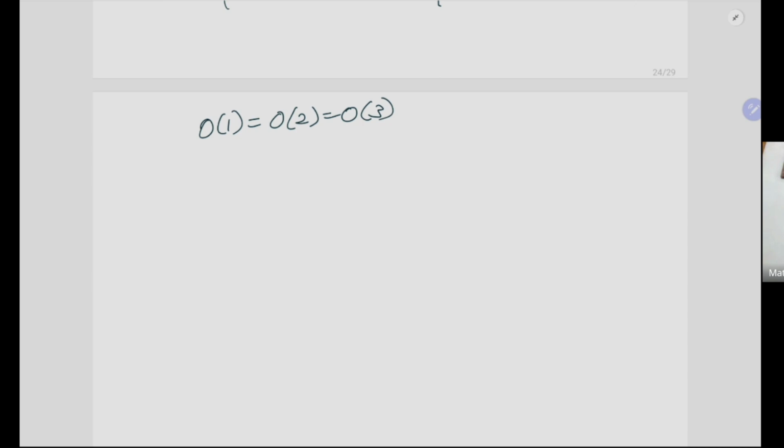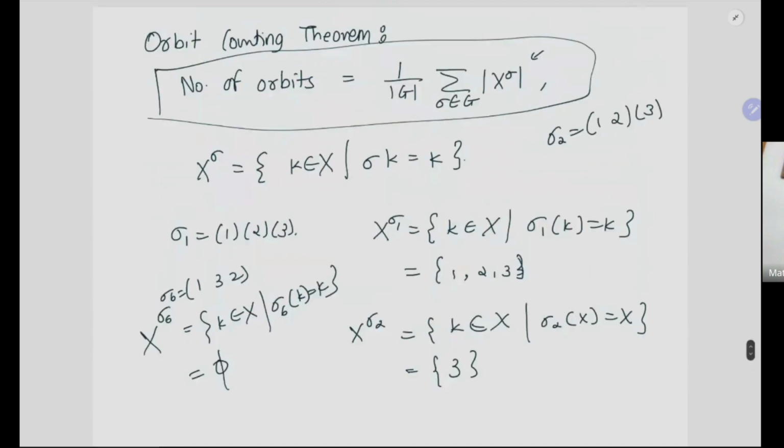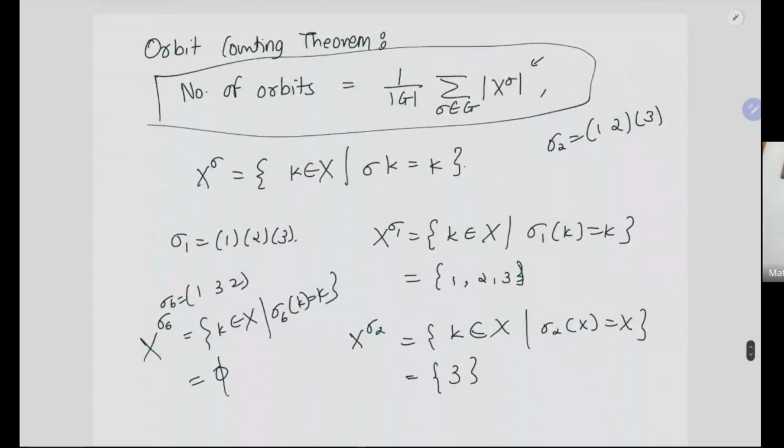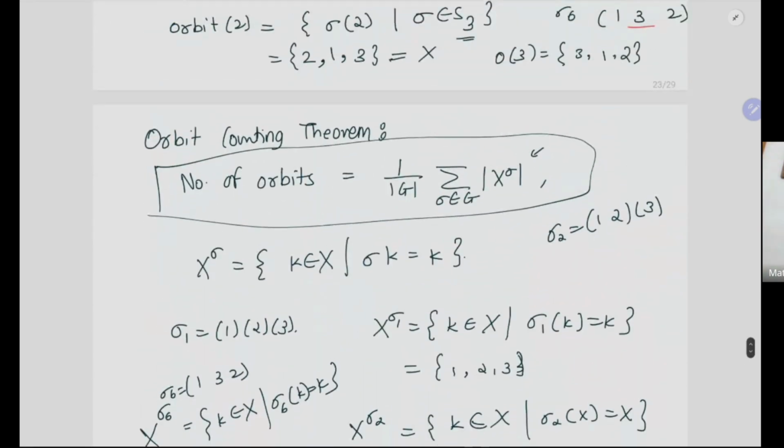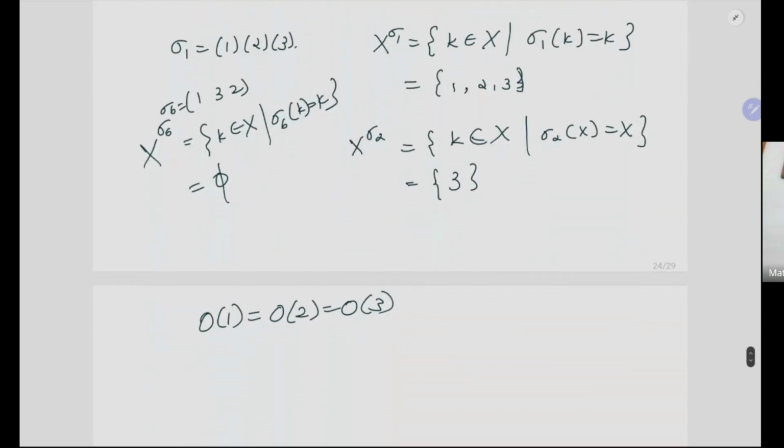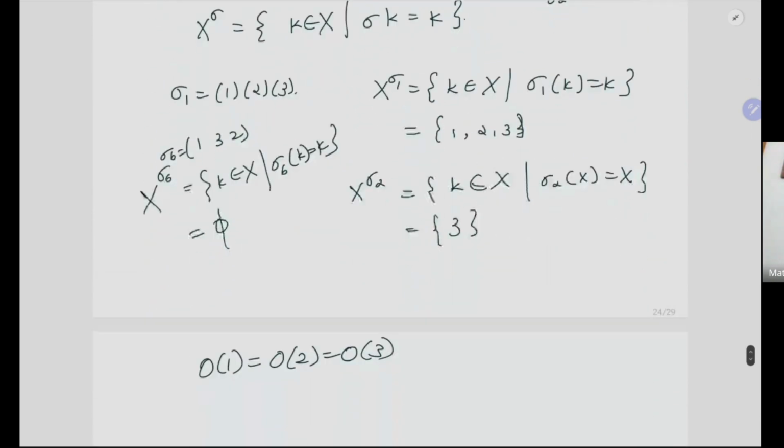It's correct. It's a subset of X itself and not a subset of G. So what I wanted to say is that this number of 1 cycles corresponds to nothing but this.